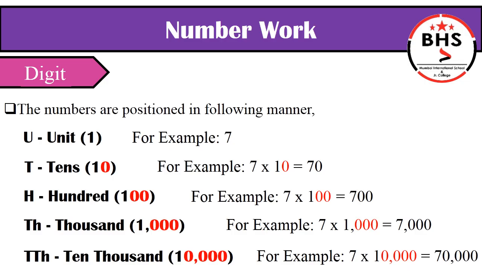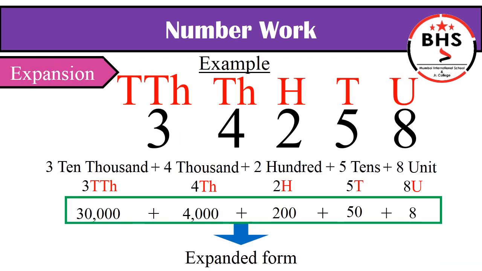Children, in part 1, that is digit, we have studied about how the numbers are positioned in units, tens, hundreds, thousands and 10,000s place. In part 2, that is expansion, we have studied how to expand a number.